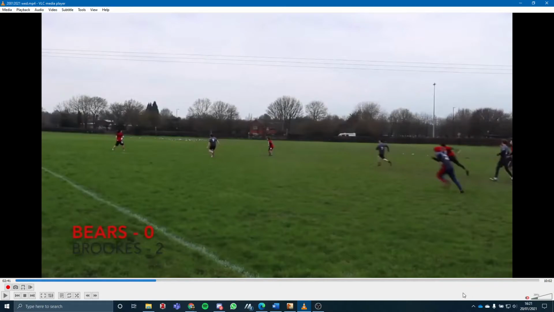Yeah, not sure who that is, but the stack's obviously way too far away. And whoever's on disc sort of misfields it. They should be about 10 yards further up, but it ends up going through their arms.